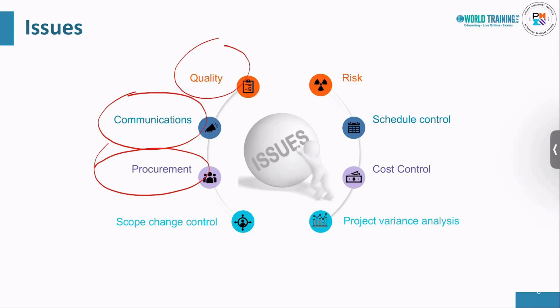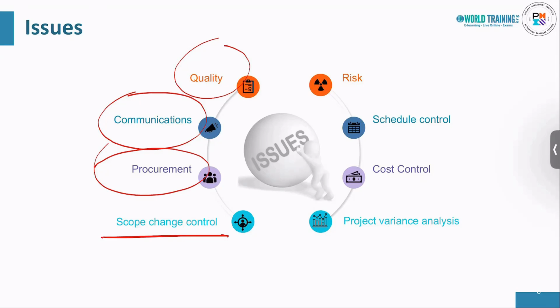And one of the most important areas for issues and problems is scope. Unidentified scope, additional scope request during closure, during the later stages of the project could be impediments or issues.